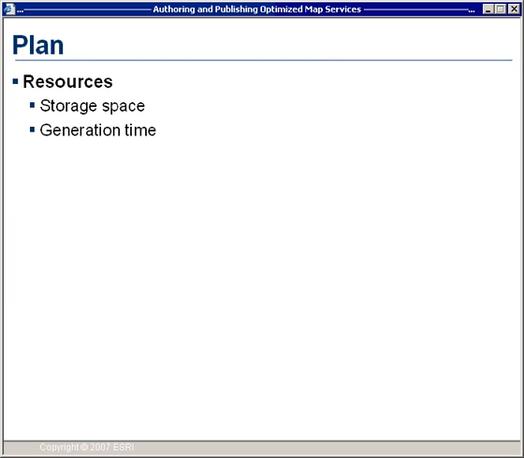Since we are generating a directory full of images, we want to consider the storage space and the time to generate or render the files. Caches can take anywhere from a few minutes to a few hours and sometimes days to generate, depending on how much data you have. So you can see that a little planning and testing will be helpful.